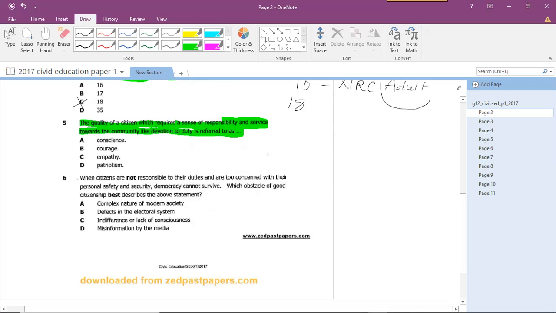So the quality of a citizen which requires a sense of responsibility and service towards the community, like sort of devotion, is known as. So is it conscious, courage, empathy, or patriotism? So again, if you are not sure of an answer, you just go to your textbook.